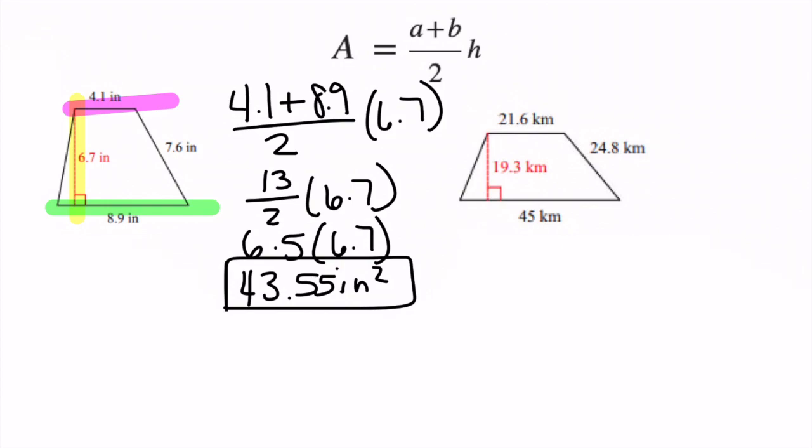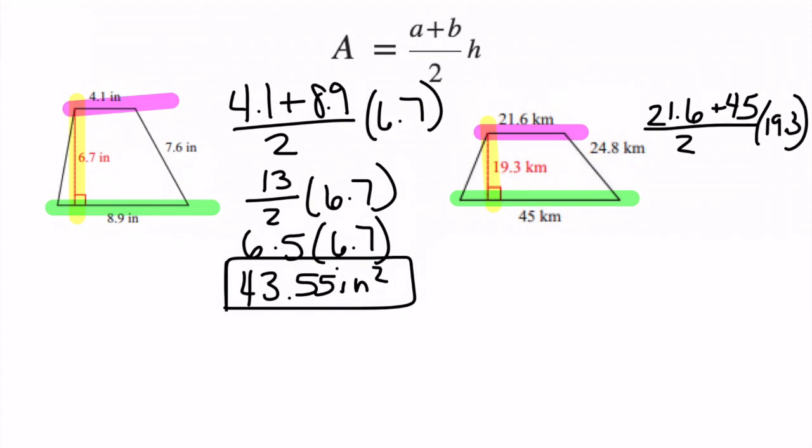So same thing here. So we have A, B, and height. So we have our A plus our B divided by 2 times 19.3.